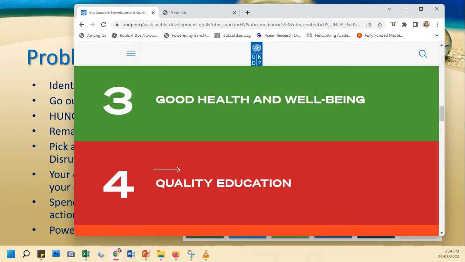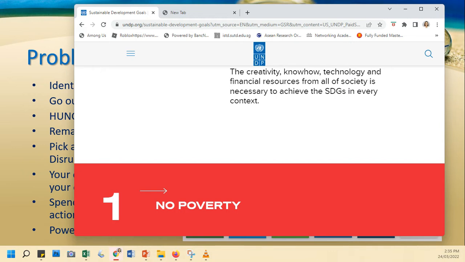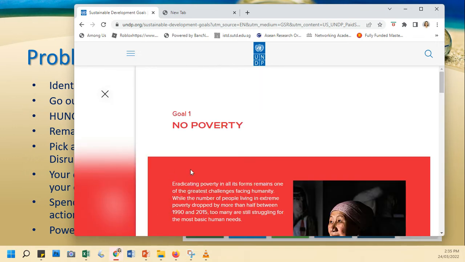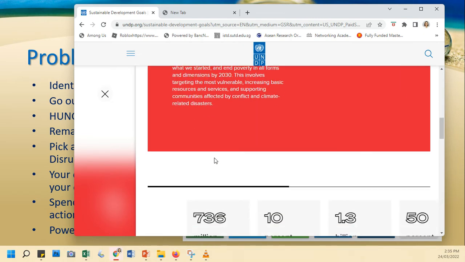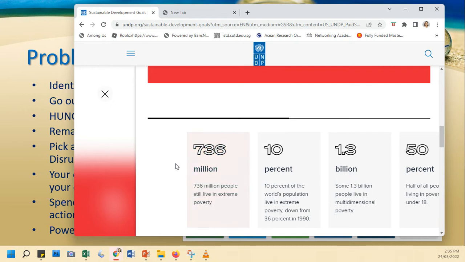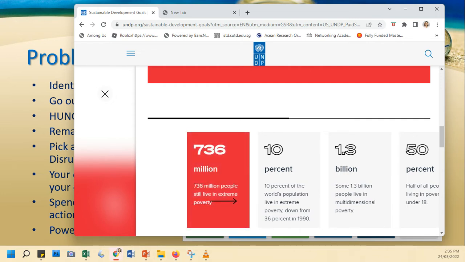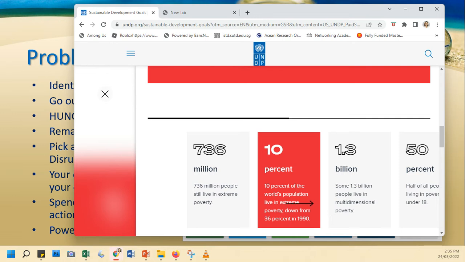So if you are going to click this part here, makita nimo ang description sa goal. So makita nimo diha ang mga history, and of course makita nimo ang statistics diha, like 736 million people still live in extreme poverty, and 10% of the world's population live in extreme poverty, down from 36% in 1990.